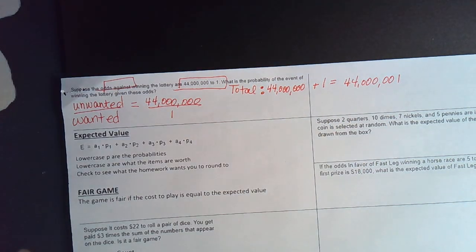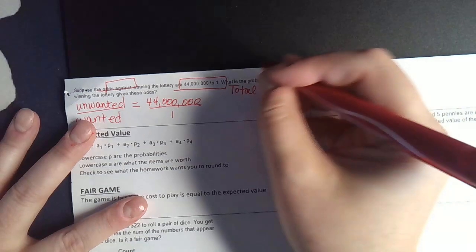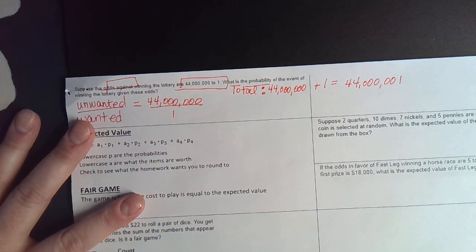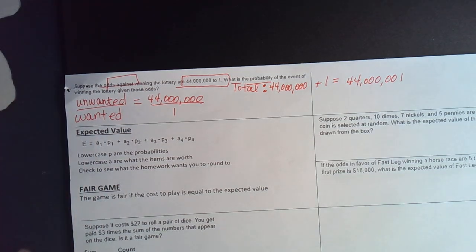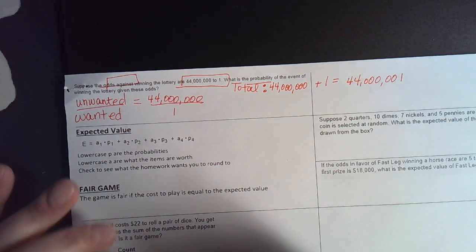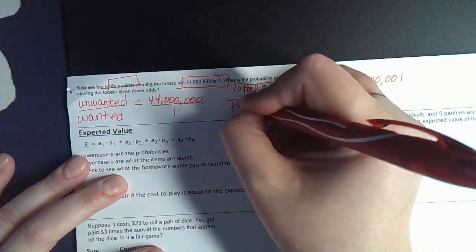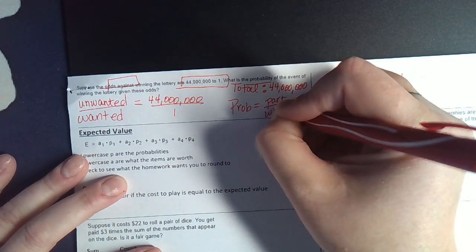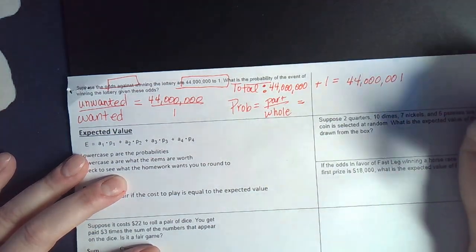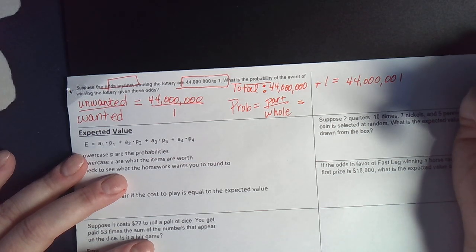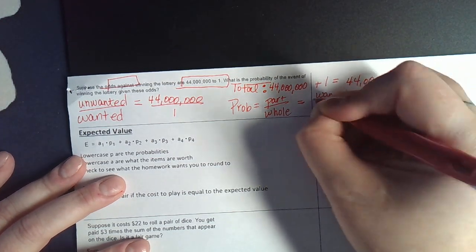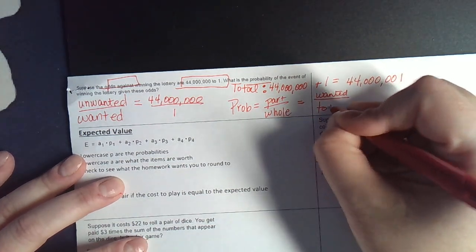Okay, now let's figure out what the question was asking for. It says, what is the probability of the event of winning the lottery against these odds? Okay, well, what's the probability? The probability is equal to the part over the whole, or the wanted over the total.